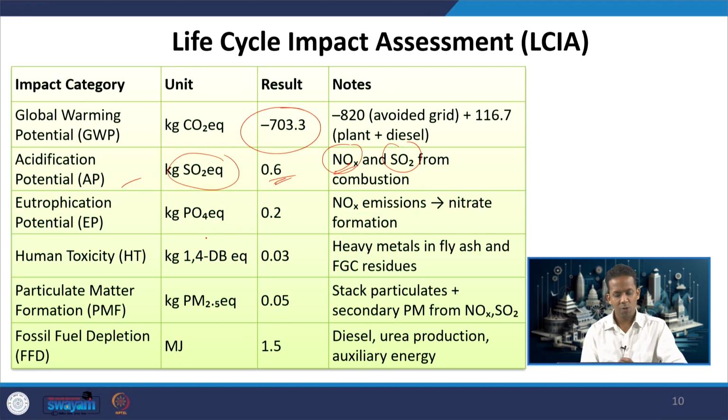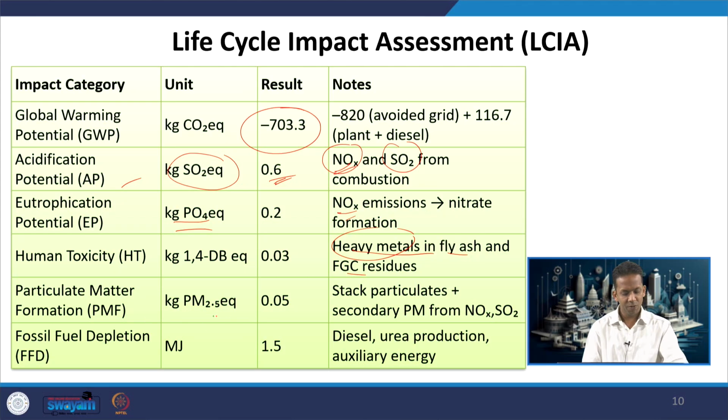Similarly, for eutrophication potential, NOx would be converted to phosphate. Then human toxicity will depend on the amount of heavy metals in fly ash and the flue gas cleaning residues. If you remember the life cycle inventory, in this case study we had some heavy metals listed as part of fly ash.